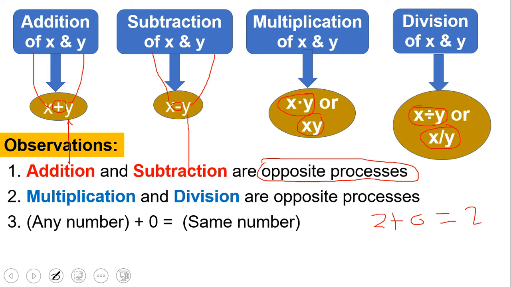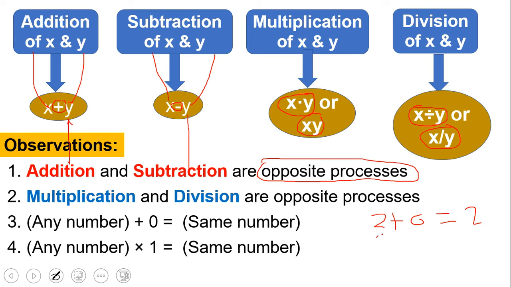And therefore 0 is the additive identity, or it is called the identity of the addition. Similarly, any number multiplied by 1 is equal to the same number. Suppose 2 into 1 is equal to 2. And therefore 1 is called the identity of the multiplication.